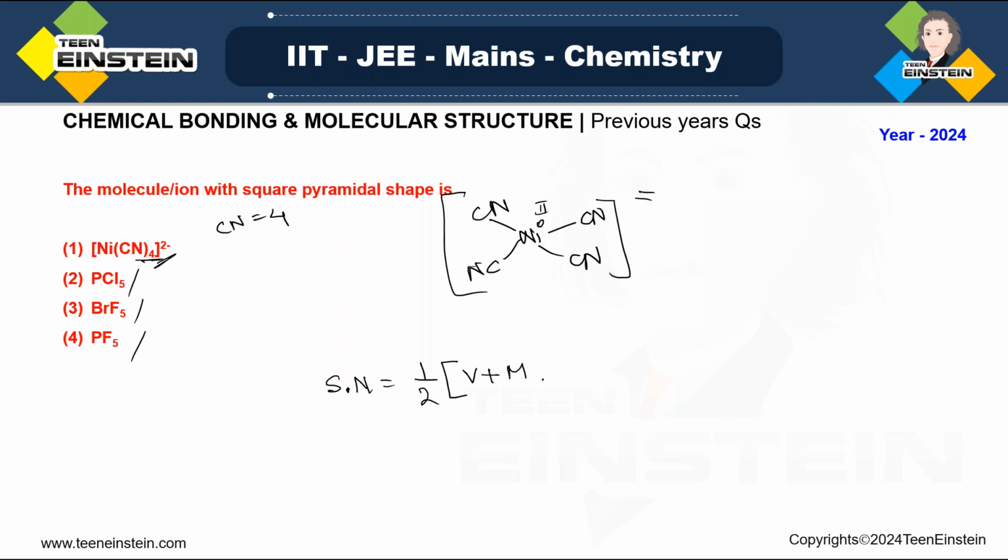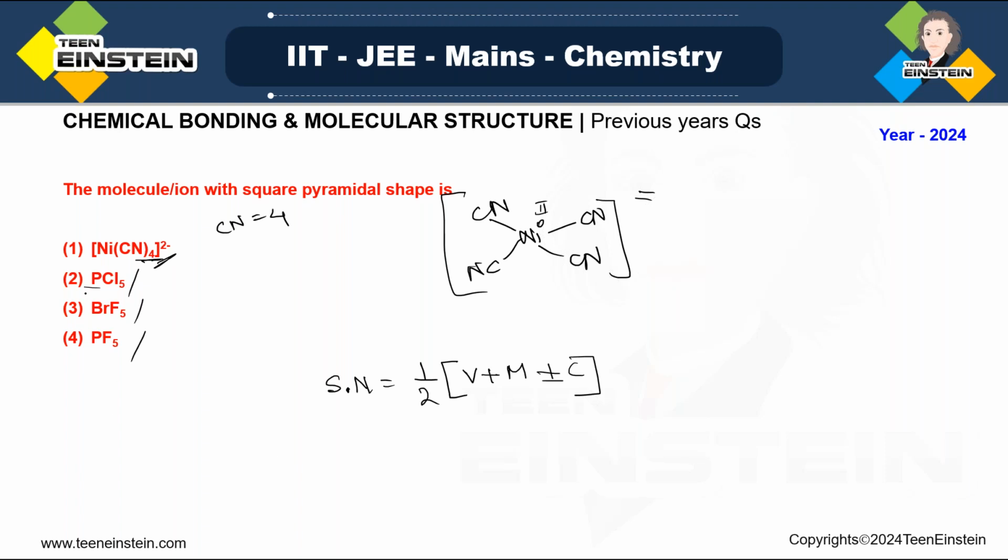But here I will just show the rule. Total valence electrons for the central atom, total number of monovalent atoms attached, which is capital M, and plus minus C. C means if it is positive charge, you have to subtract it. If the molecule is overall having some negative charge, you have to add it. But in these three molecules, all are neutral, so we don't have to consider C.